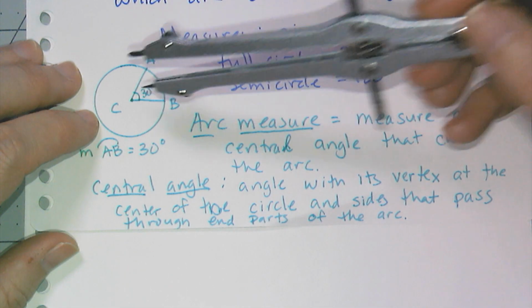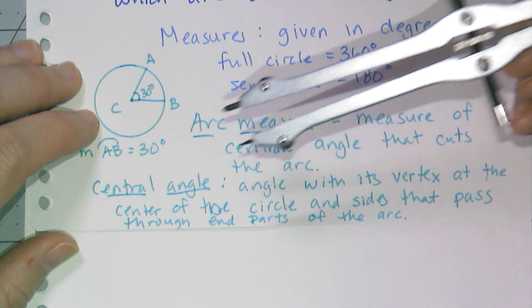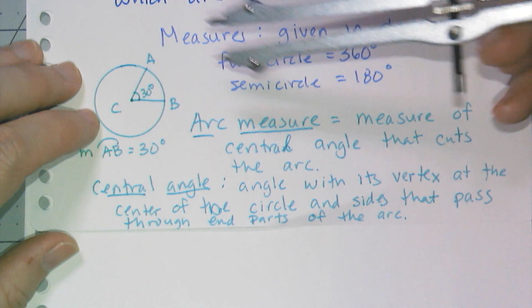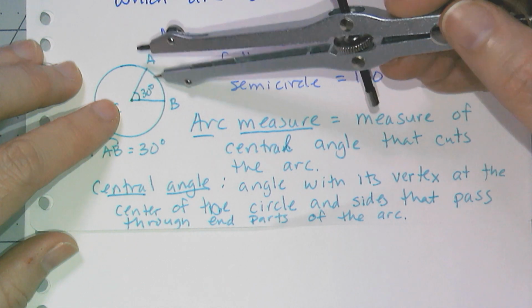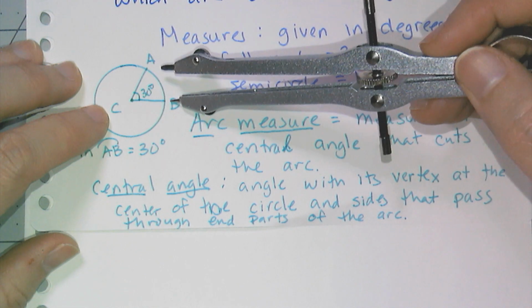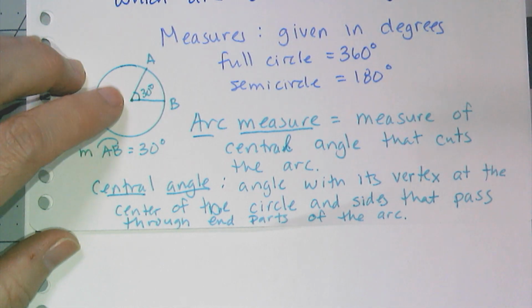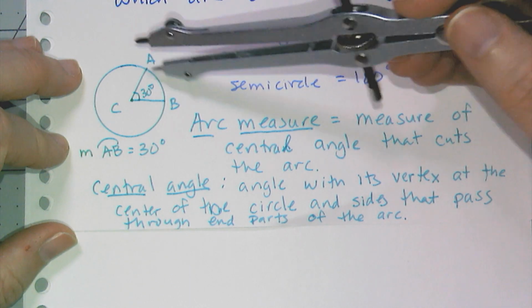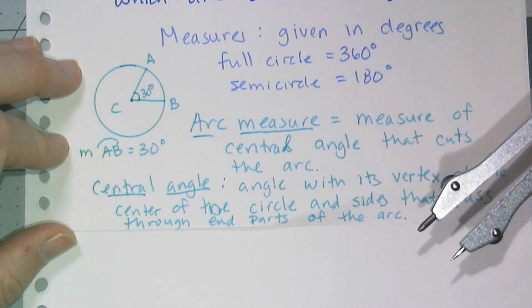The measure of the arc is the exact same as the measure of the central angle that cuts the arc. So I say arc AB is cut by angle ACB. ACB is a central angle of 30 degrees. Therefore, the measure of arc AB is 30 degrees.